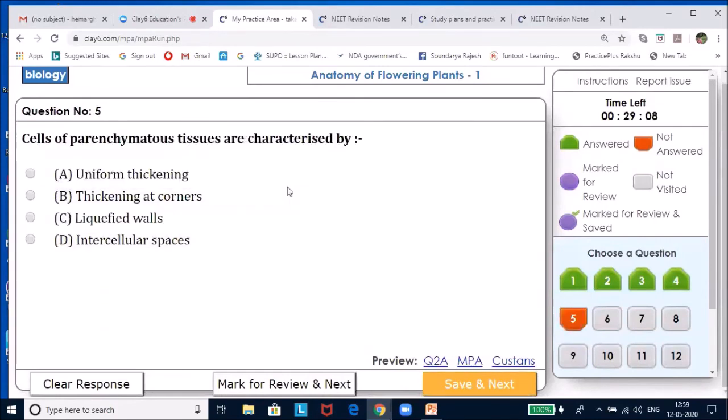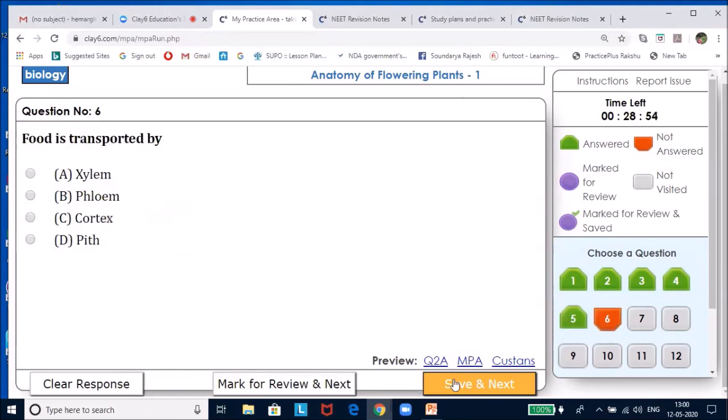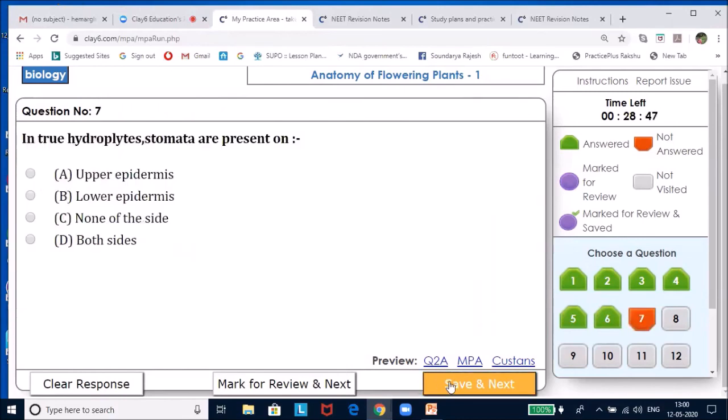Cells of parenchymatous tissue are characterized by intercellular spaces. While explaining, I told you, even in the section when I was explaining, parenchymatous tissue is there, so it will be having a lot of intercellular spaces. Now, food is transported by phloem. In true hydrophytes, stomata are present in the upper epidermis.